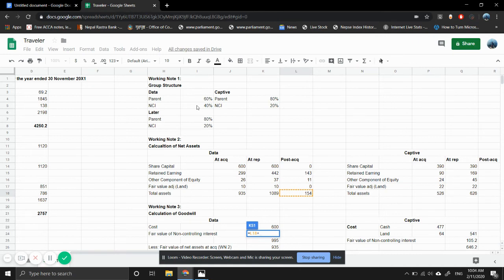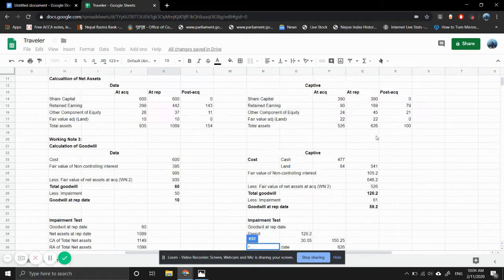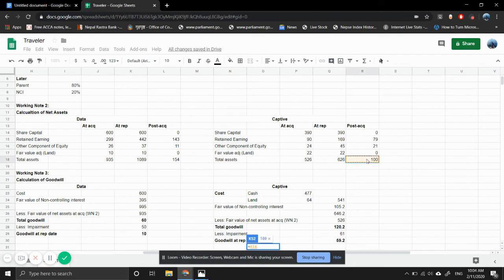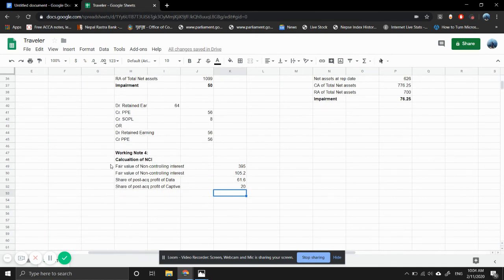But for the time being, this is how much profit they are getting. And in the case of this fellow, it's 100 into 20%. So the NCI has not been purchased further, right? So what we need to do is less.